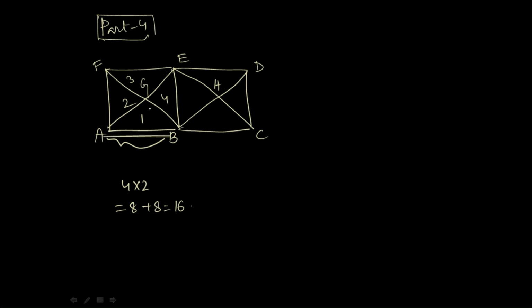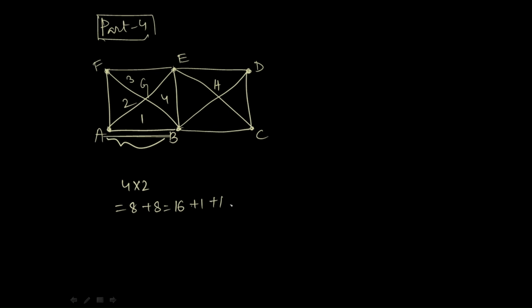Then, is there any other triangle? Is there a triangle? Yes. Look at this. This A, E, C is a triangle. Plus 1. Another one is there, B, F, D. Clear?